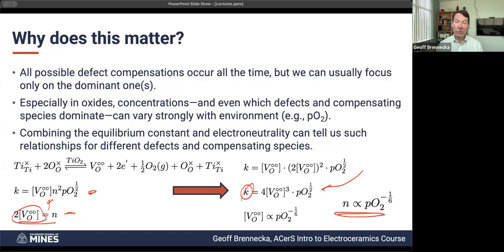We are not worried about calculating quantitatively what's happening from a rate constant perspective. What we care about is the proportionality. So we can ignore the actual value of that K and just say that the oxygen vacancy concentration is proportional to PO2 to the -1/6. The number of electrons is proportional to PO2 to the -1/6.